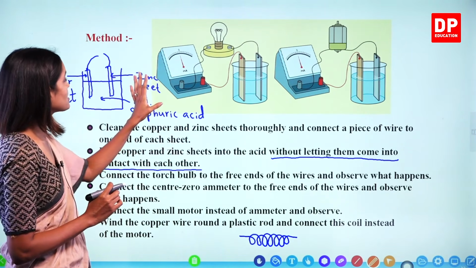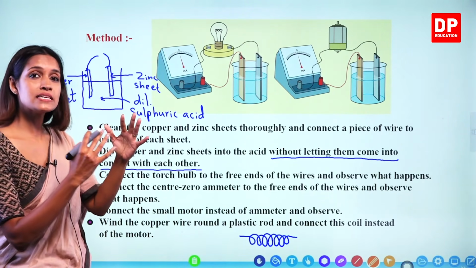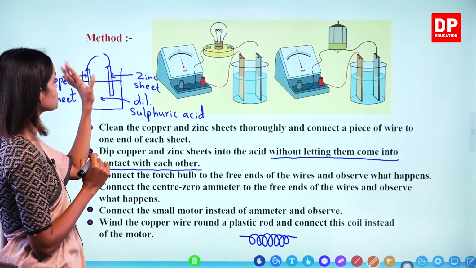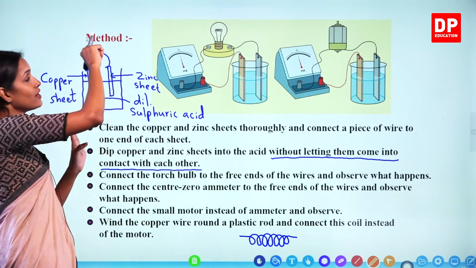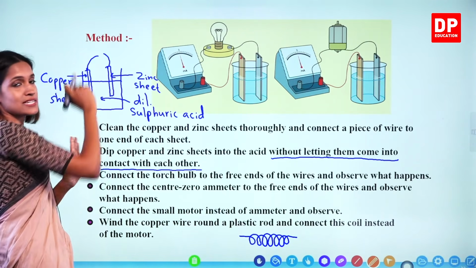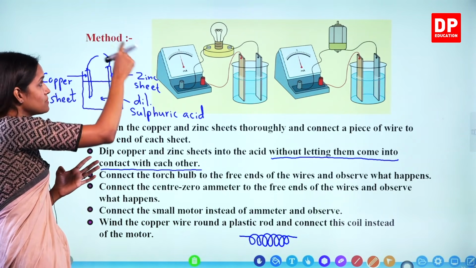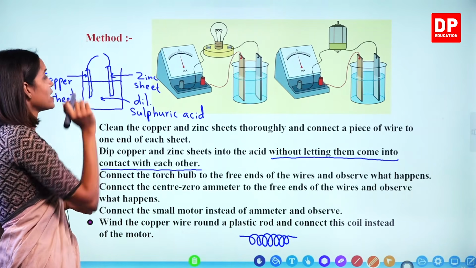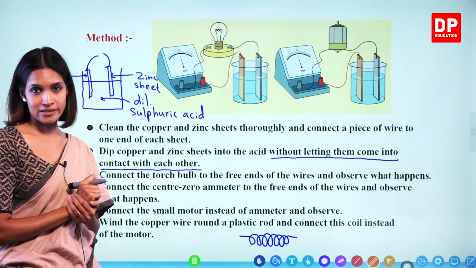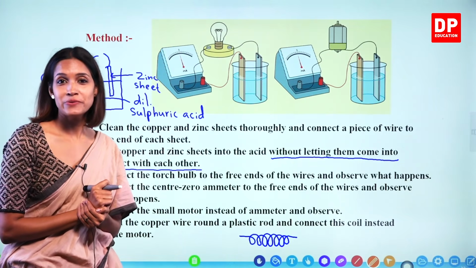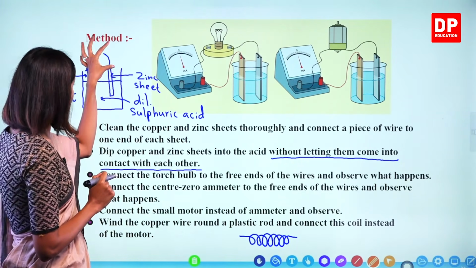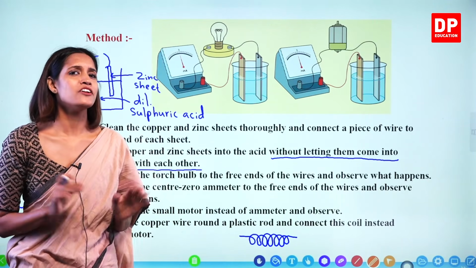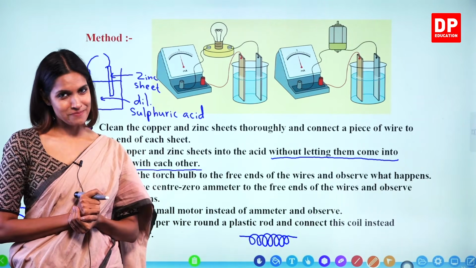So it's very clear that each time, as the basic setup, you use this simple cell. The first time you connect a bulb, then you remove the bulb and connect an ammeter, then you remove the ammeter and connect a small motor, and then you remove the small motor and connect the coil of wire made with copper wire. After connecting them, you have to observe what happens. Understand? Now we are going to do this experiment in the lab.